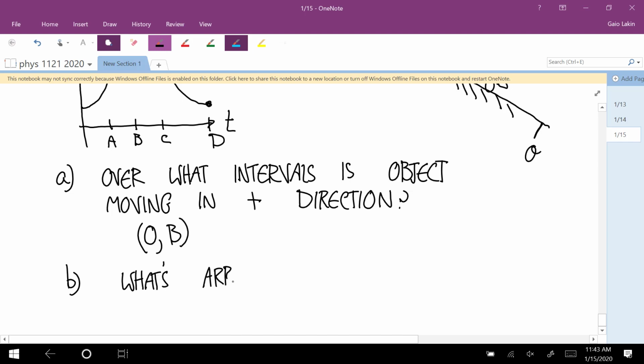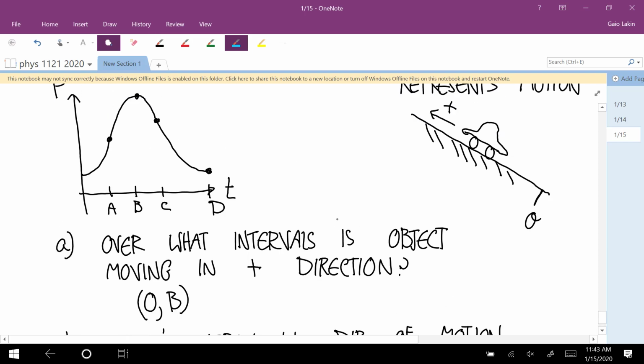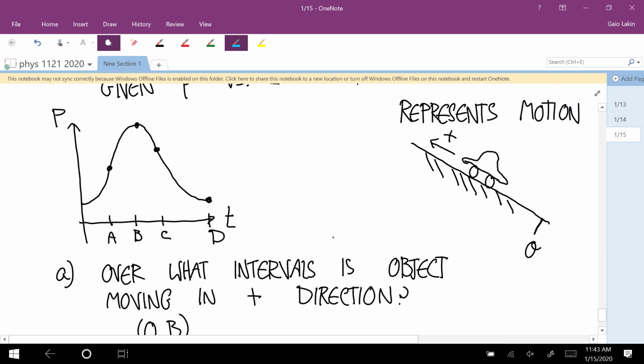So now let's draw an arrow in the direction of the motion at interval from 0 to B. So now we're switching from this totally mathematical thing to putting an arrow in the real world that represents this motion.